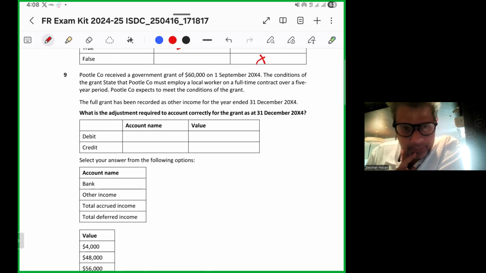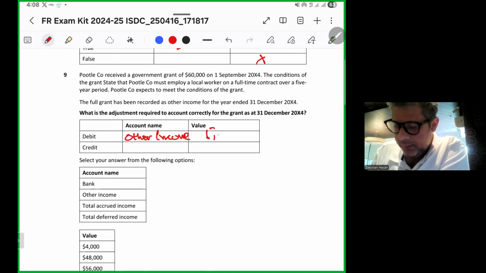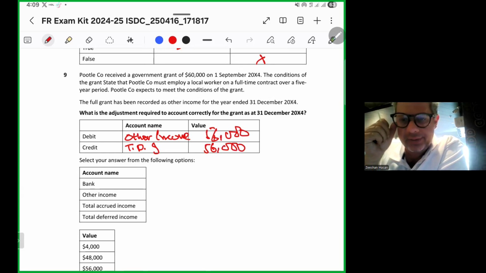Now, you know, as far as this is concerned, other income, debit 56,000 and credit is total deferred income. So the grant of 60,000 represents, how much?